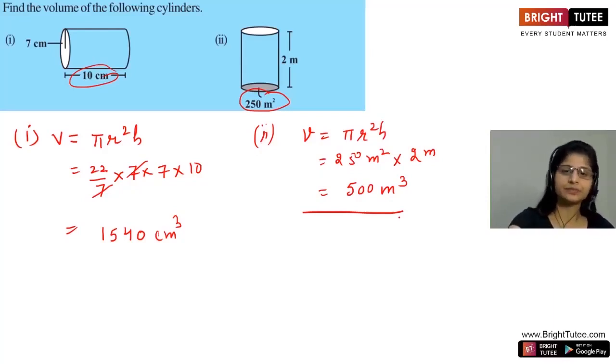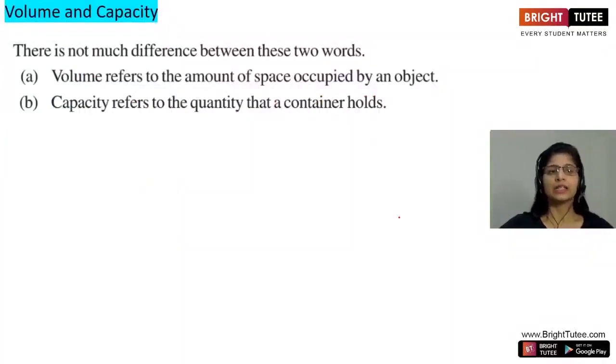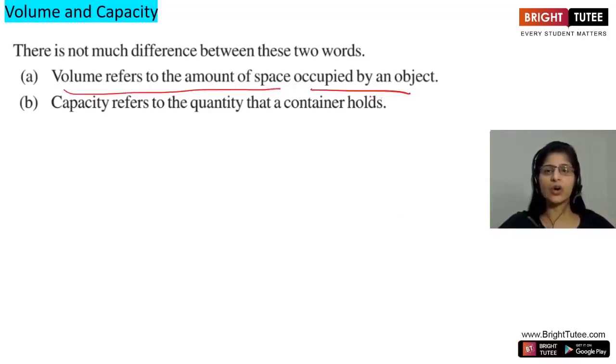Right? Moving ahead, the difference between volume and capacity. There is not much difference, but a little difference. Just to see, volume refers to the amount of space occupied by an object, the space that the object occupies, right? And capacity refers to the quantity that a container holds, right?